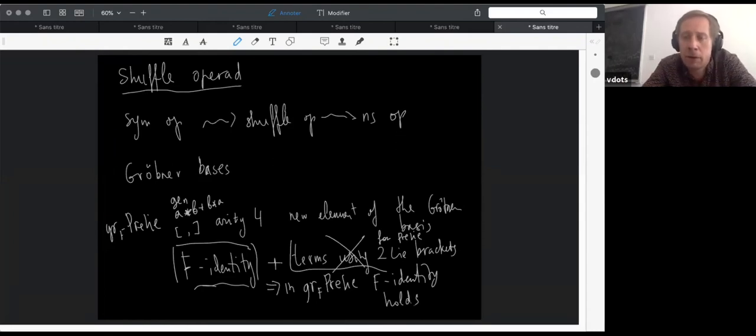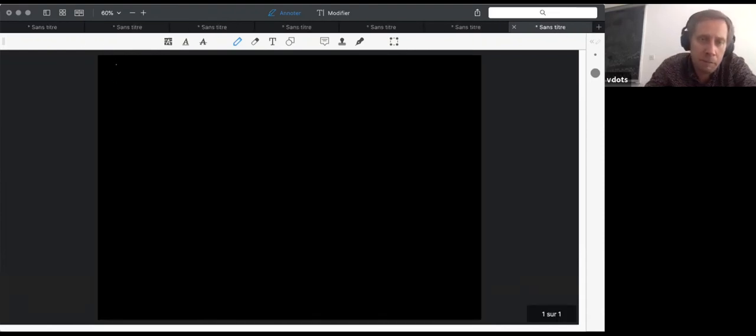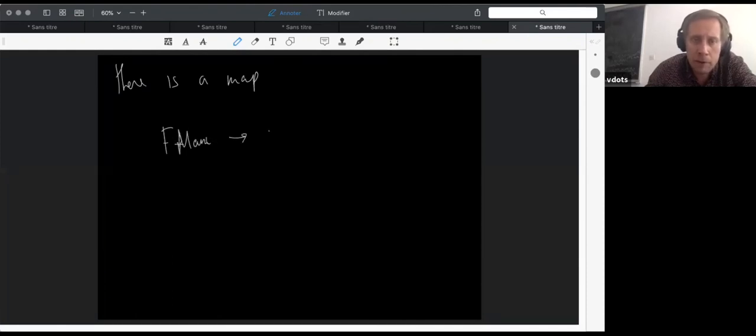So this is the first step. You observe that using operadic Gröbner bases, you can actually discover the F identity by considering this filtration on the PreLie operad. That's a great start, but of course, this just means that there is a map of operads from the F-manifold operad to the associated graded of PreLie.